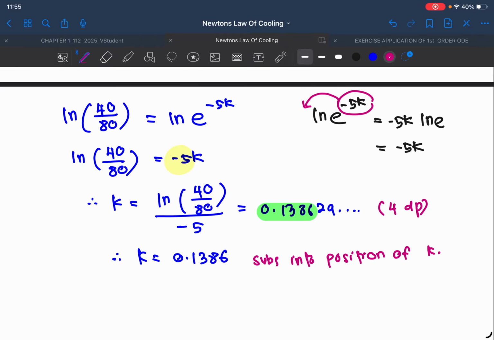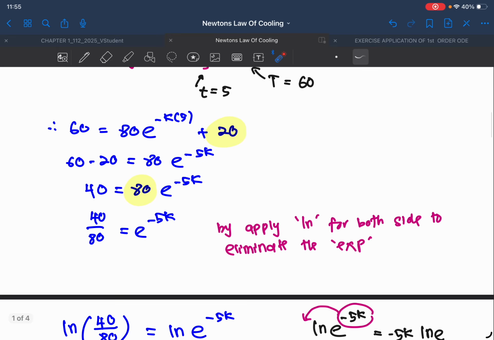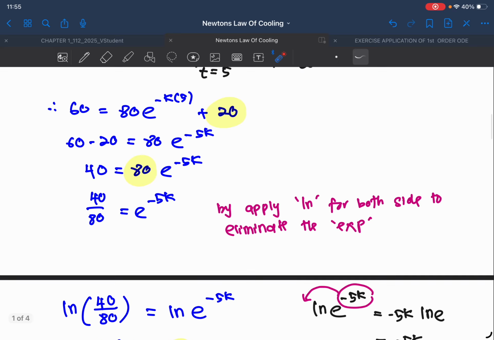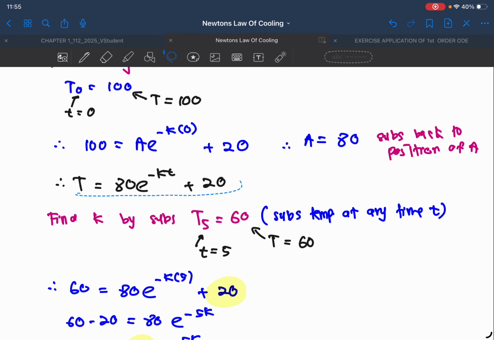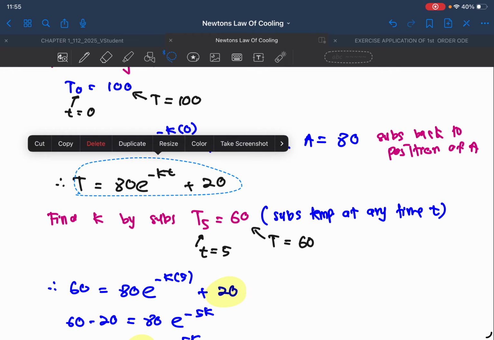So the latest formula that we have updated is, where you already have your A equal to 80 e, so substitute to this position.